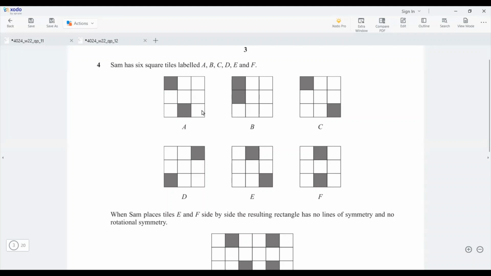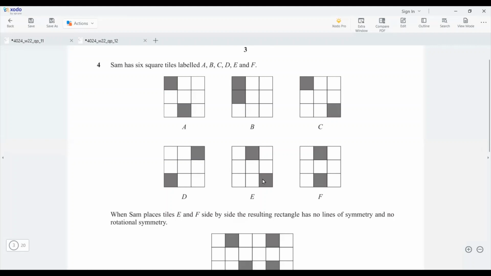If we make A together with C, it's not having a rotational image. But if we place A with E, you can rotate them and it will have order of 2. Order of 2 means if we rotate at 180 degrees, it will have the same figure.